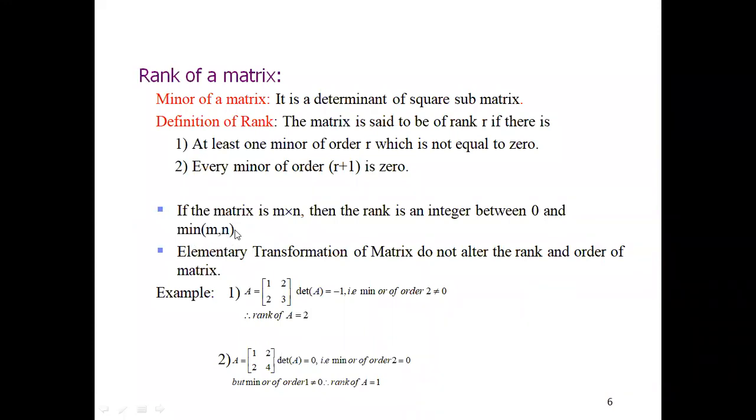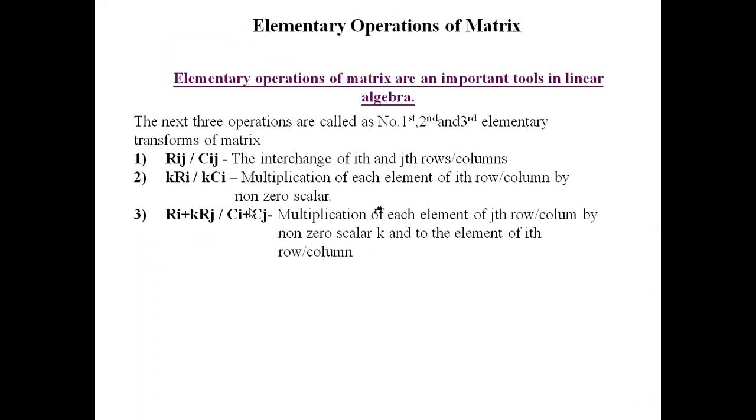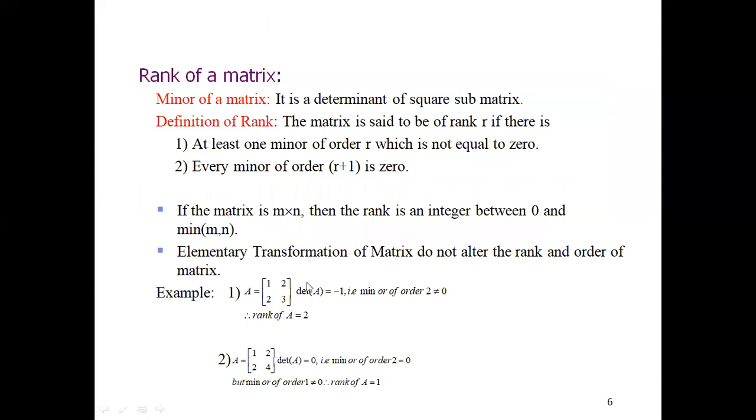Now the elementary transformations. Elementary transformations mean these operations that we have already discussed. What is Rij? These are the elementary operations. By using these operations, we can find the rank.